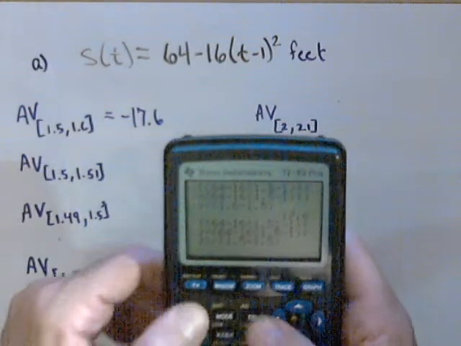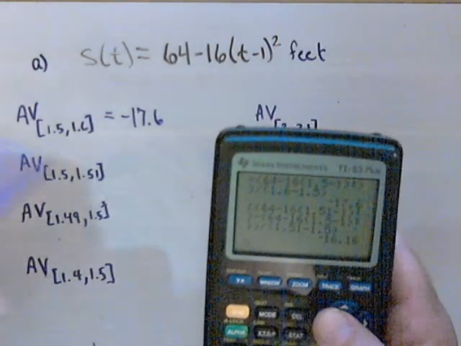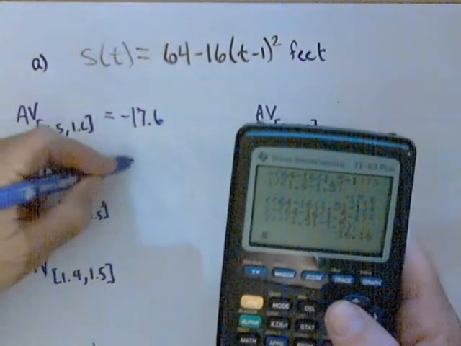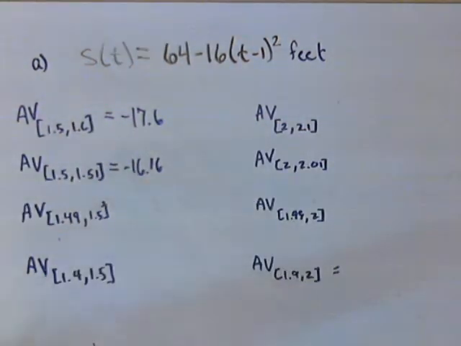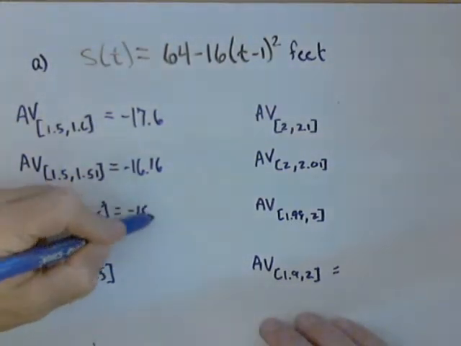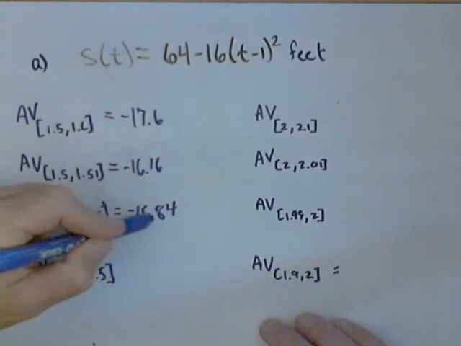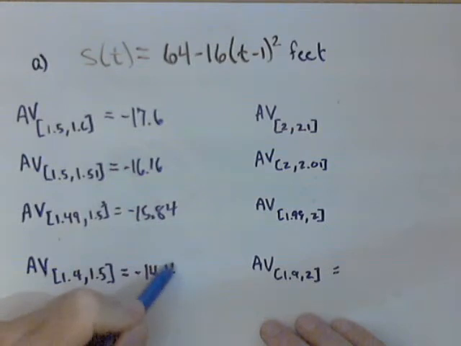I'll overwrite the 6 and insert the 1, and boom, I've already got it. So negative 16.16. So I'll let you guys try that on these other ones, and I'm just going to fill them in. Equals negative 15.84 on the intervals I happen to choose, equals negative 14.4.